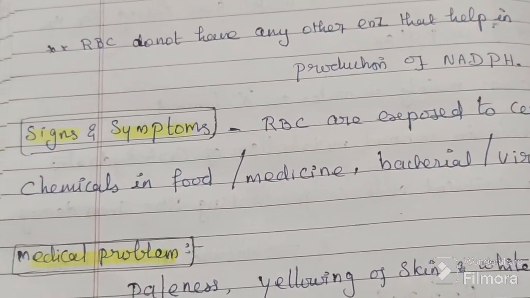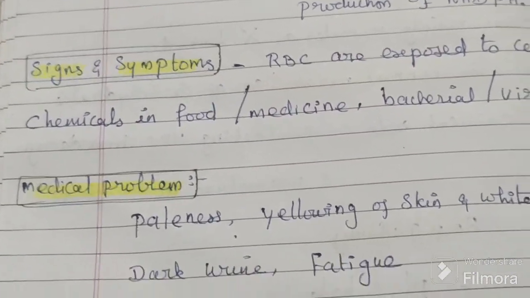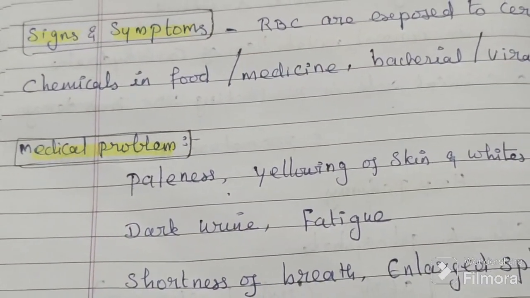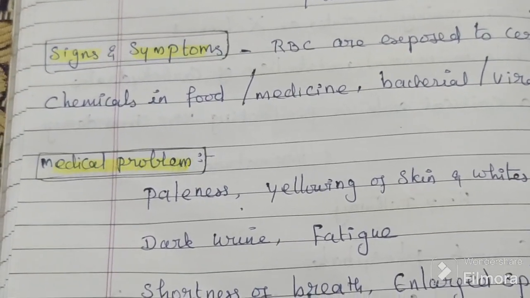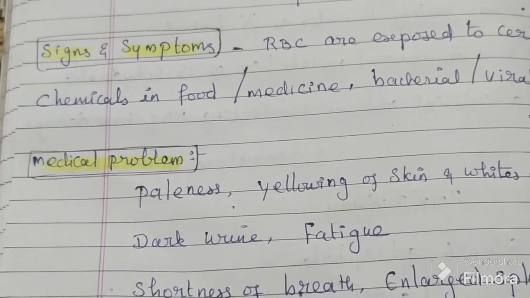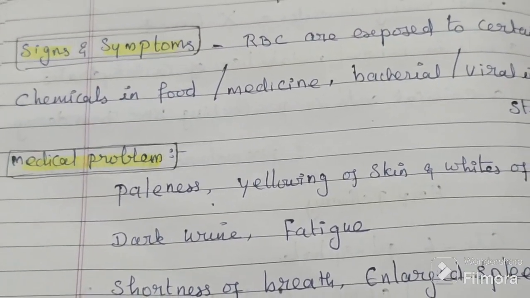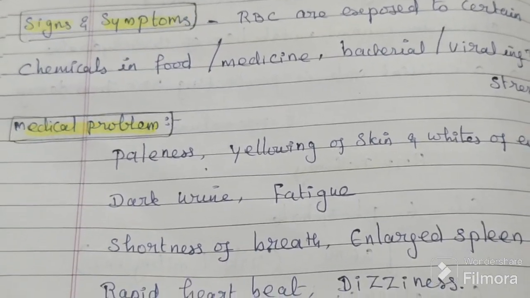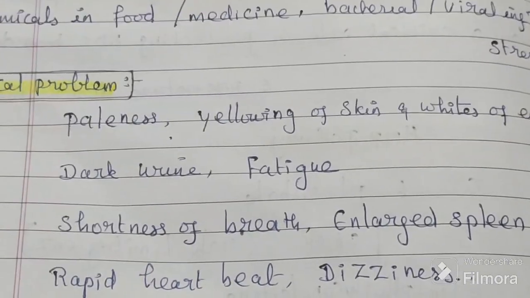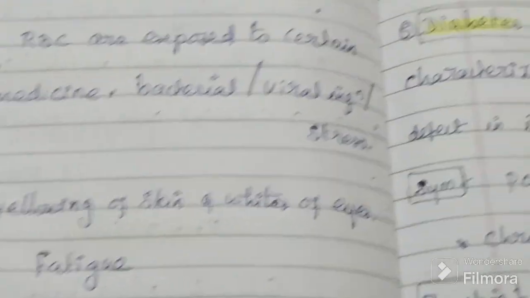The most common medical problem is hemolytic anemia: paleness, yellowing of skin and eyes, dark urine, fatigue, shortness of breath, enlarged spleen, rapid heartbeat, dizziness.